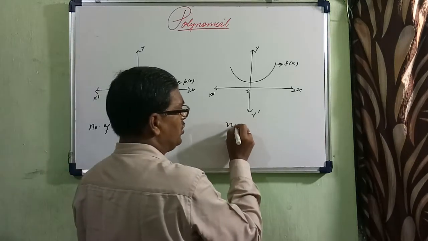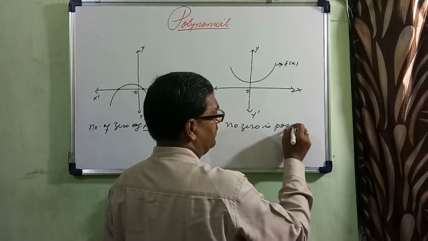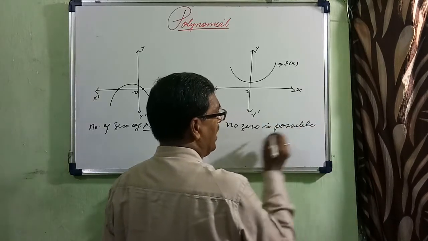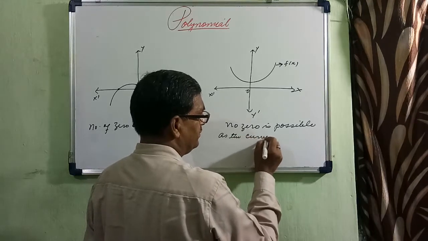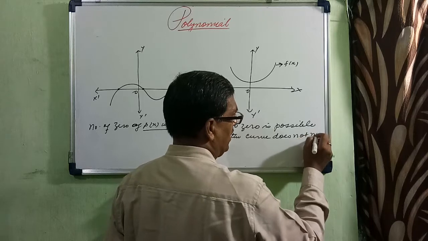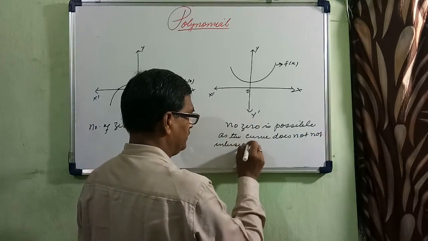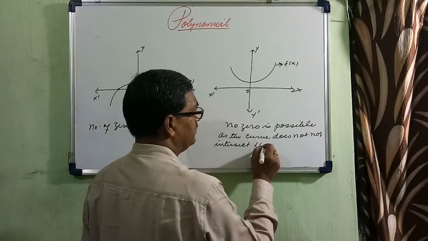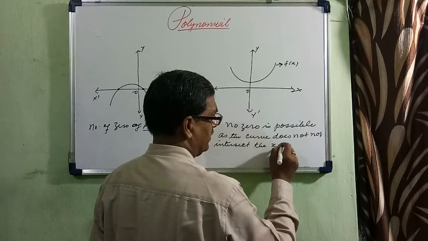So, no zero is possible as the curve does not intersect the x-axis.